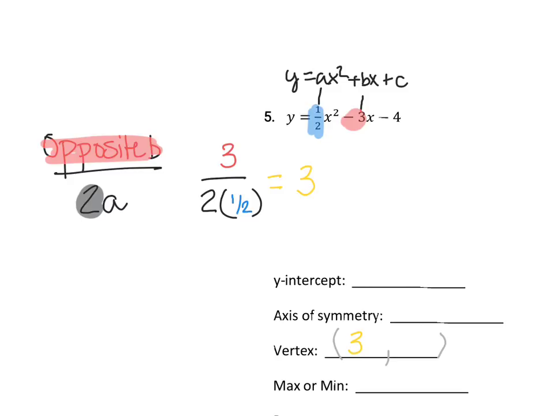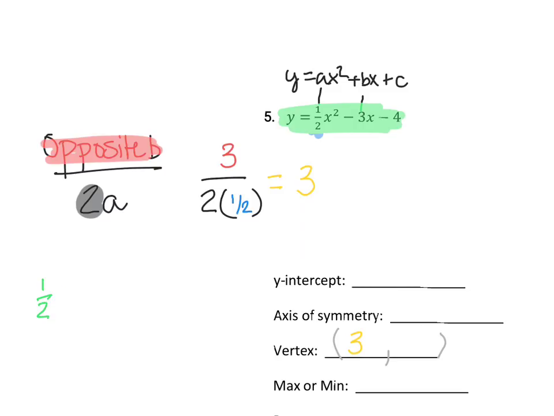And now my job is to find the second half of my vertex, the y half. So to find the y half, I take this whole function, every bit of this, and I'm going to rewrite it, but instead of x, I'm going to use parentheses.